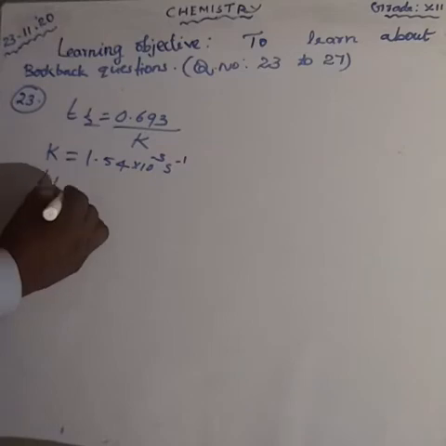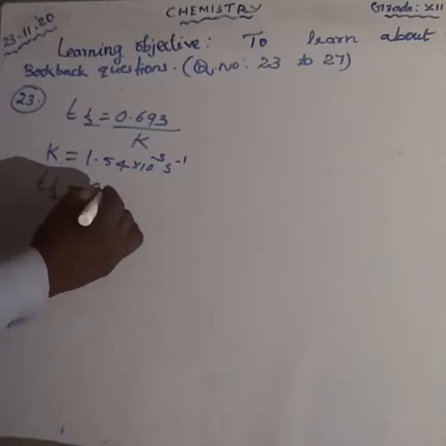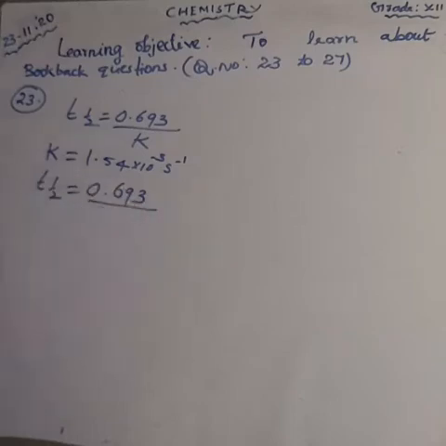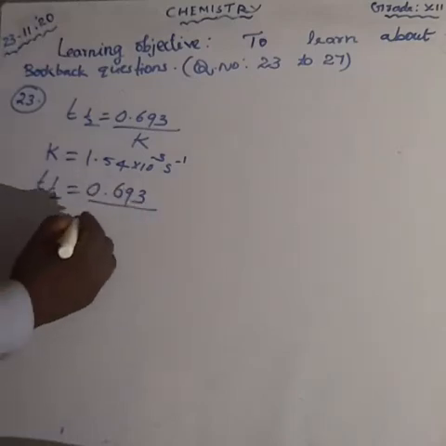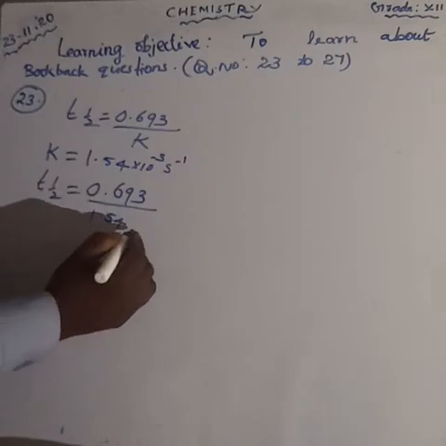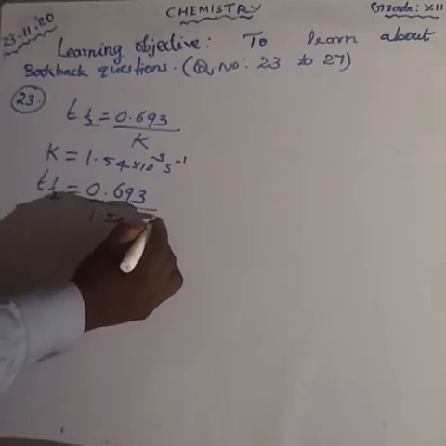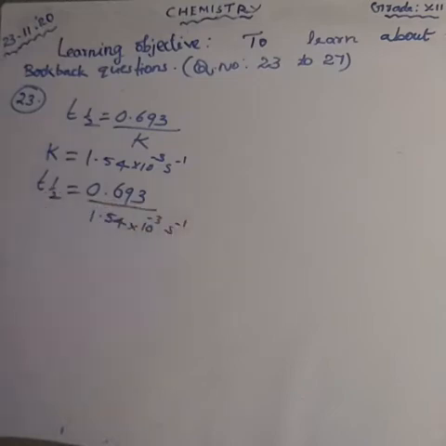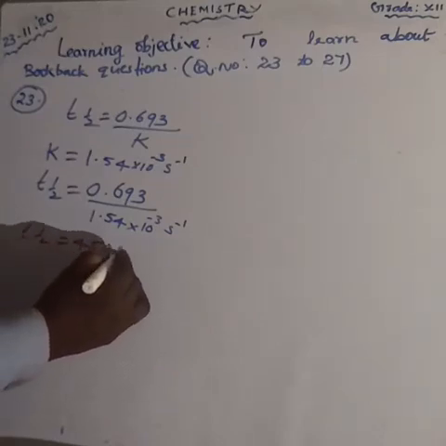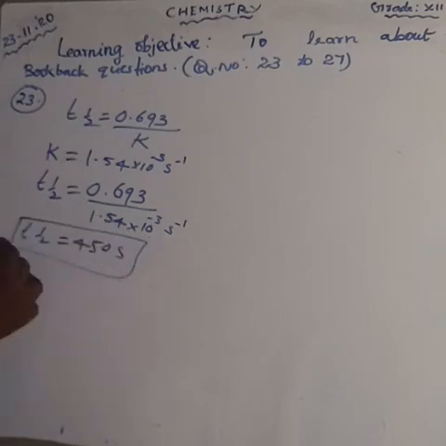T half is equal to 0.693 divided by 1.54 into 10 raised to minus 3 second inverse. Am I right? So what's the answer? T half is equal to 450 seconds. This is one of the important 3 mark questions.